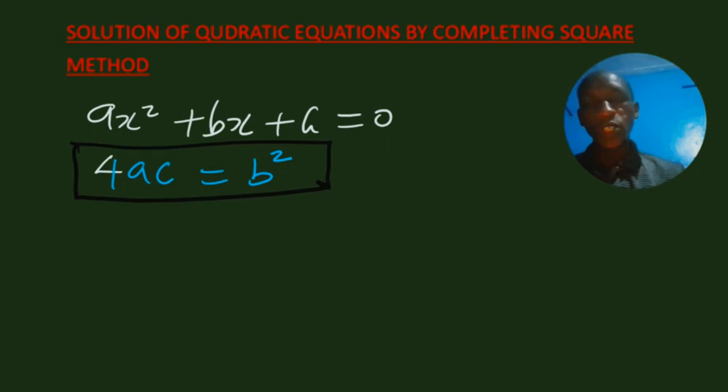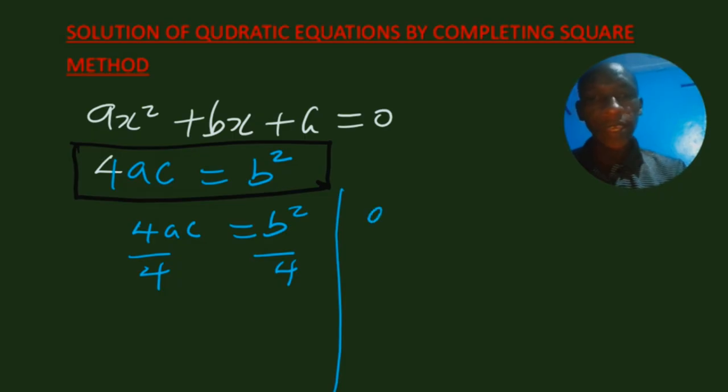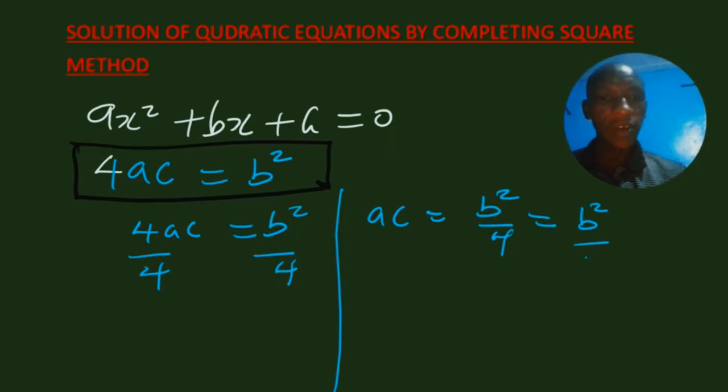Now, what will happen if we decide to simplify this? We have that 4ac is equal to b squared. If we divide both sides by 4, we remain with ac is equal to b squared over 4. Again, b squared over 4 can still be written as b squared over 2 squared, because 4 is the same as 2 squared.